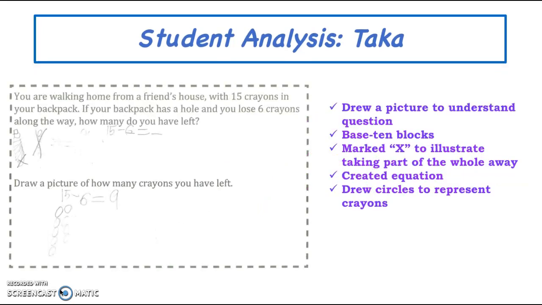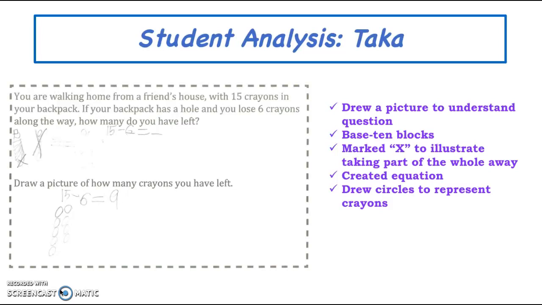For the second question, what I really saw was that he really understood the question. He knew immediately that this was a subtraction question, and he understood the whole-part diagram, which is basically the whole, which represents 15, and you're taking away a part, which would be 6, and you would be left with another part.